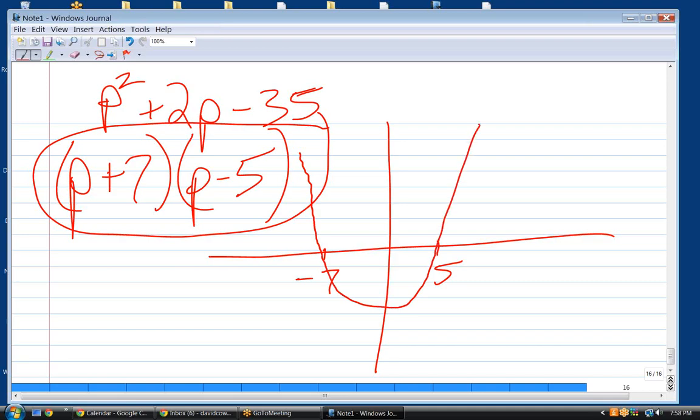But wouldn't it be minus 5 and plus 7? No, in other words, if this were all equal to 0, you would switch the signs. To find the zeros, it's the opposite sign.